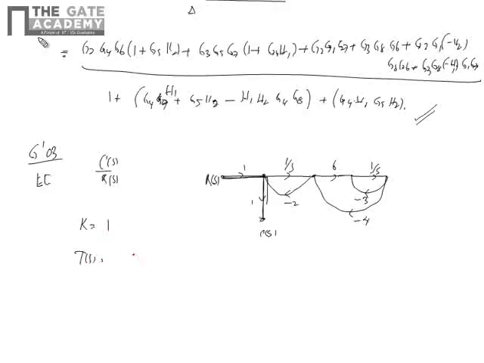So T(s) equals P1 delta 1 by delta. What is P1? 1 into delta 1, which is 1 minus any loop which is not touching this forward path. So there is 1 by s into minus 3, that means minus 3 by s.